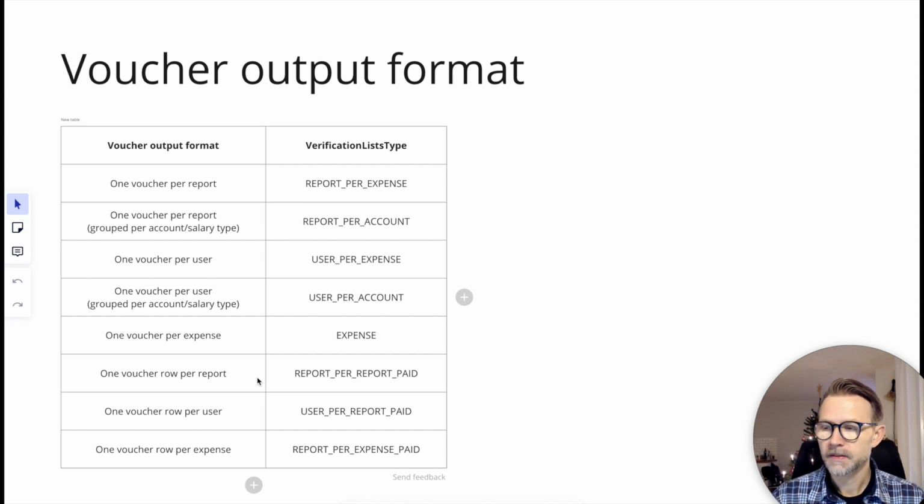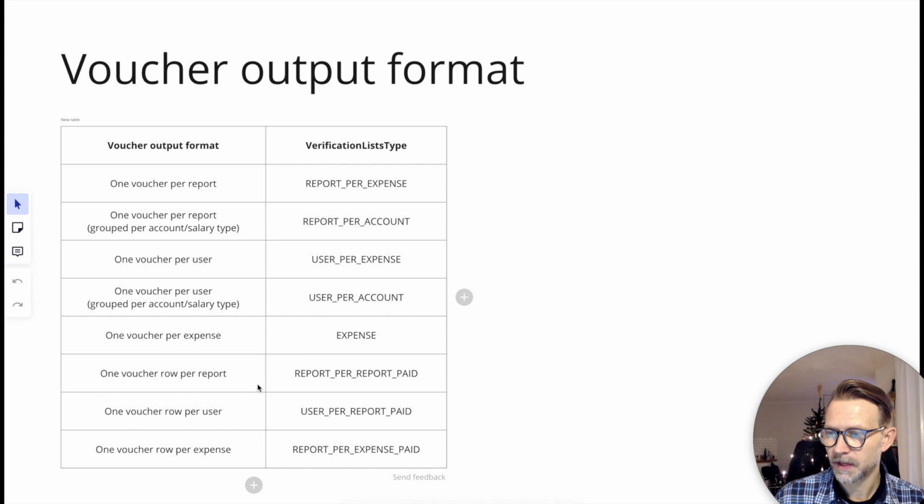The last three are a little bit special. They are not normally used for bookkeeping or salary recipients or systems. It's more for when we are talking to payment systems, because all of these three don't have the accounting information. It's basically just the description of the financial transaction and the amount and such, but no accounting number or salary codes on those rows.